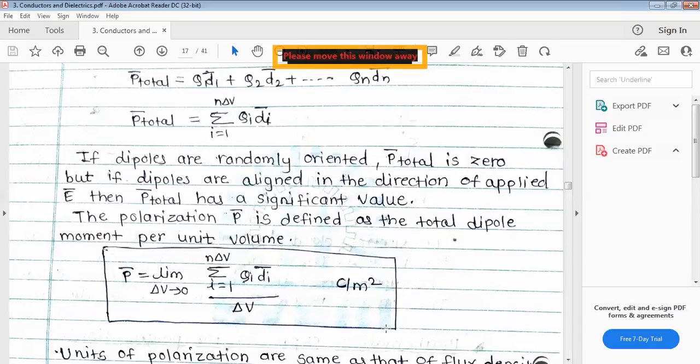Or do you remember every term's unit? Is it possible in EME to remember every term's unit? So in examination, can you remember the unit of this P bar?